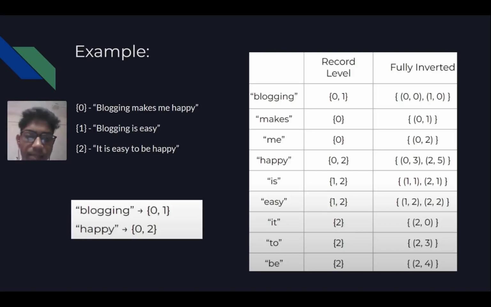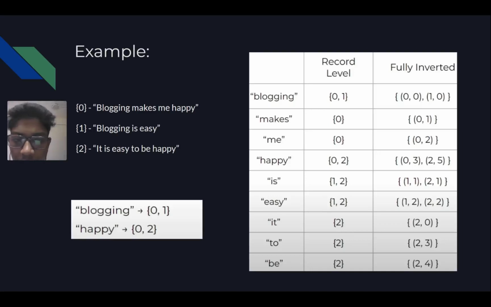To further explain what these records are, let's say blogging has the record level 0, comma 1, which means the word blogging is present in line number 0 as well as in line number 1. And in the fully inverted set, we mention where the word is present and also the location.